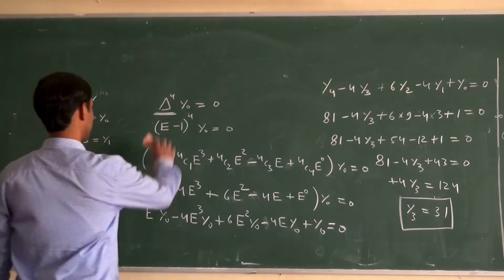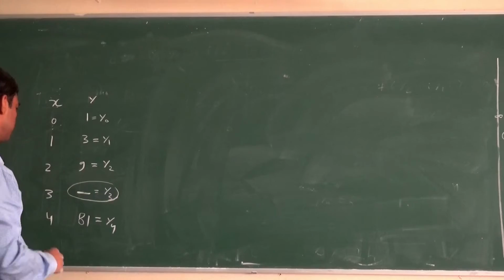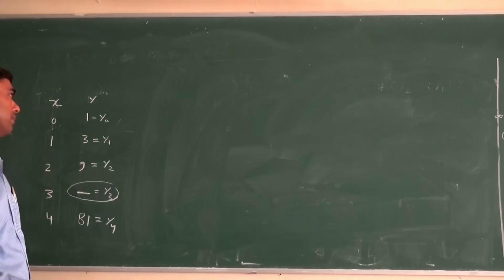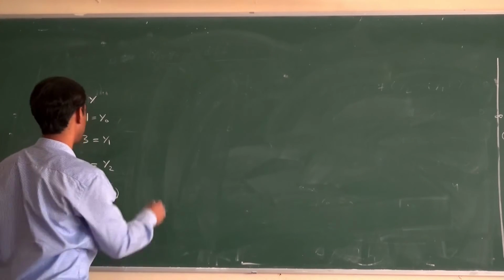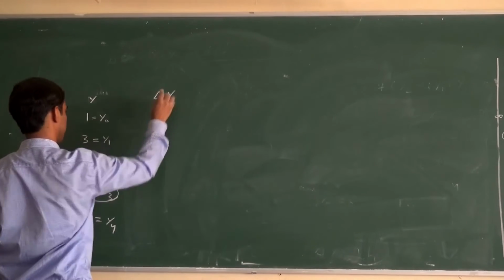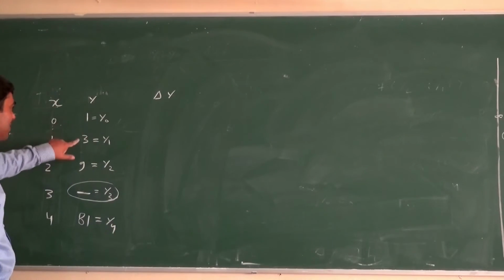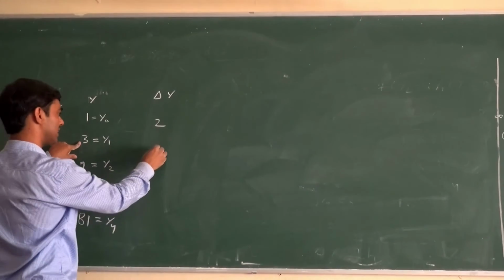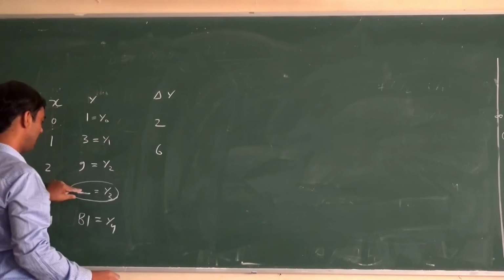Now, how do we find the value of a missing term with the help of a difference table? Suppose this is del y. The difference between 3 and 1 is 2. 9 minus 3 is 6.